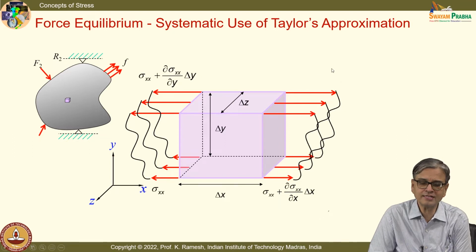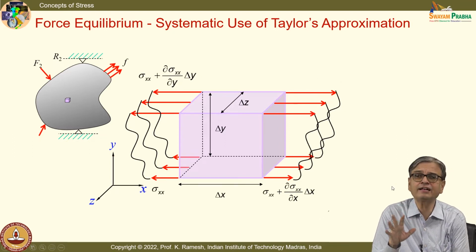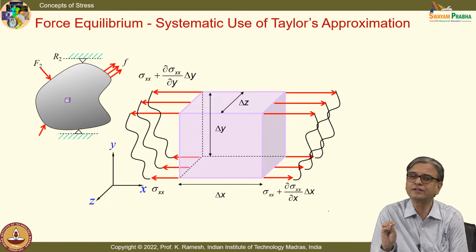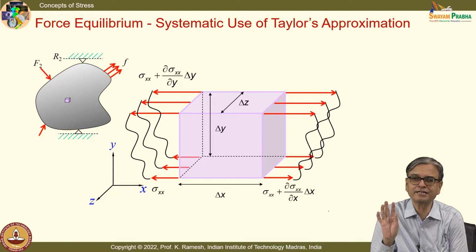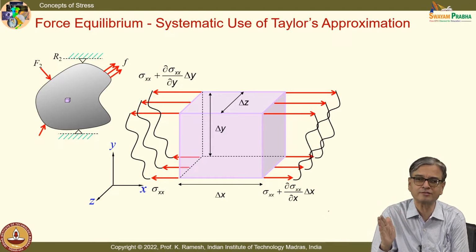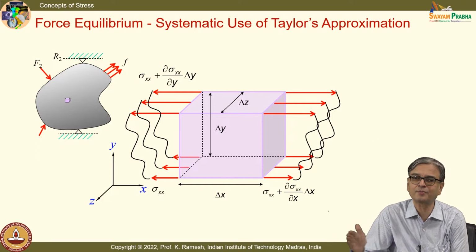Suppose I come to this, can you write the Taylor's approximation from first principle? See, engineers will always knock off terms that are very small. Write it like a mathematician now. Here itself we have truncated the Taylor series to the first term. We have not written the Taylor's approximation completely.